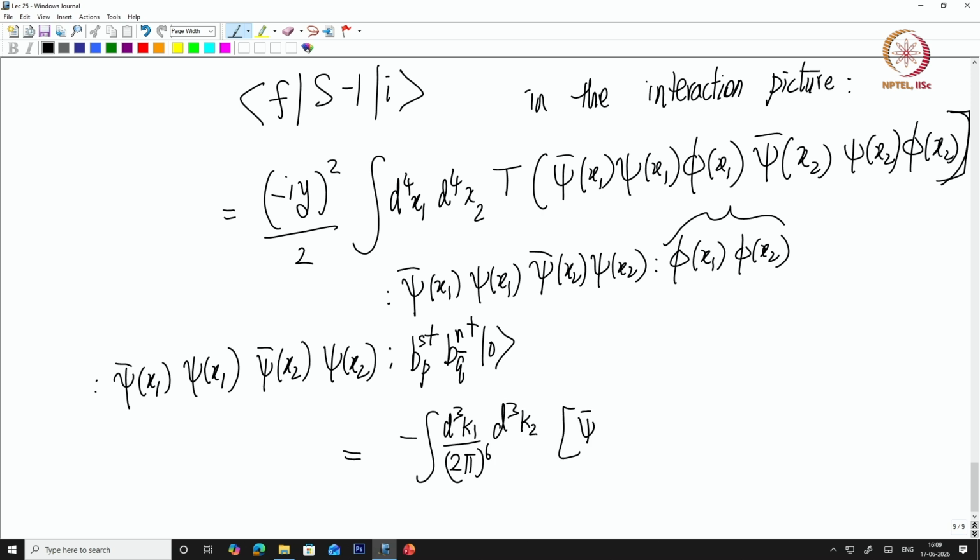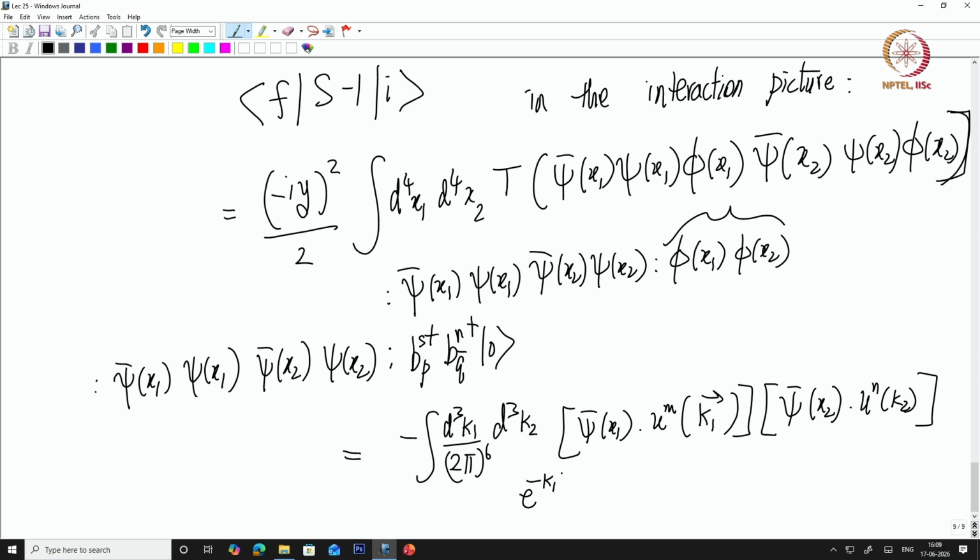What I am doing here is psi-bar(x1) u_m(k1) and psi-bar(x2) u_n(k2), and this entire thing with e^(-i k1 x1 - i k2 x2) divided by 4 E_k1 E_k2, times b_m(k1) b_n(k2) b_P S dagger b_Q S R dagger, all acting on the vacuum. This is nothing but a term in the Dyson series.